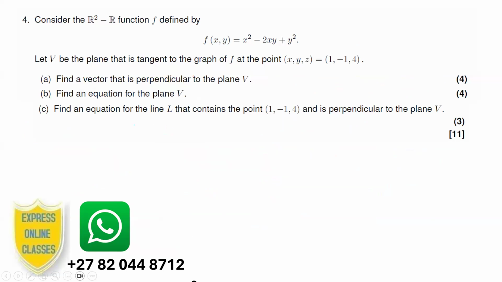In the next question, we're going to tackle question C that says, find an equation for the line. How do we find an equation for the line that contains the point 1, minus 1, 4, and is perpendicular to the plane?